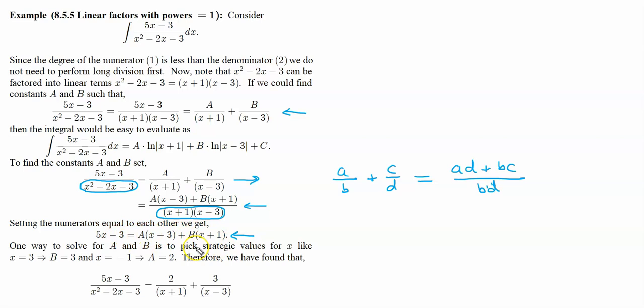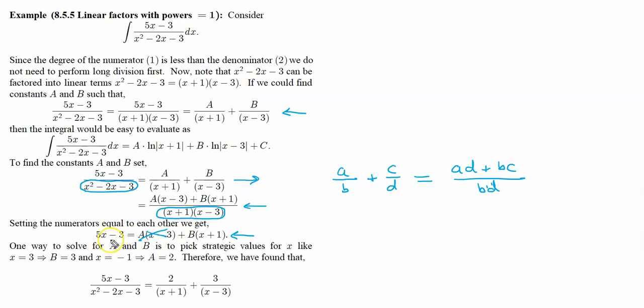Now, there are two ways you can do this. One way is, once you have this equation written down and you set the numerators equal, you can pick strategic values for x. For example, if I let x equal 3, you notice this term will go away because 3 minus 3 is 0.